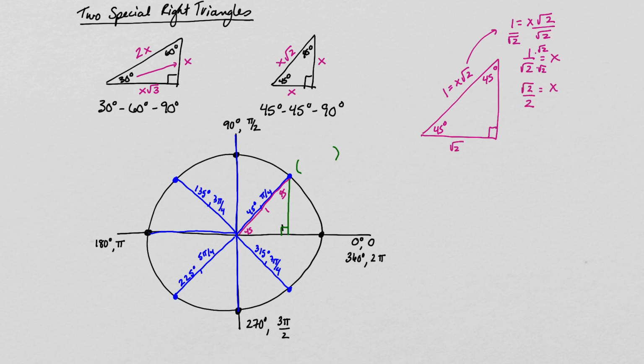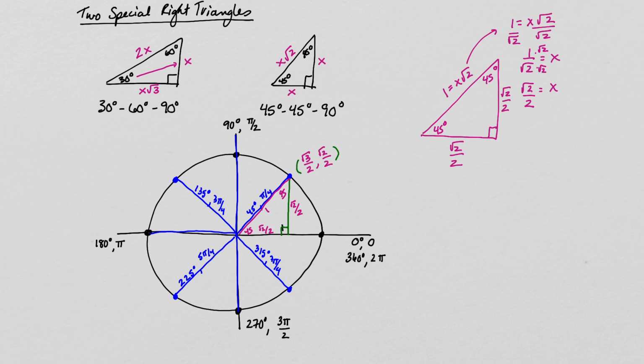So here I have root 2 over 2, and here I have root 2 over 2. So this distance here is root 2 over 2, and this distance here is root 2 over 2. And I end up with root 2 over 2, comma, root 2 over 2.